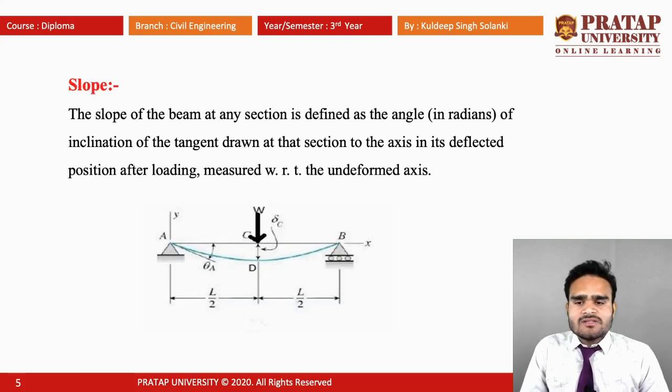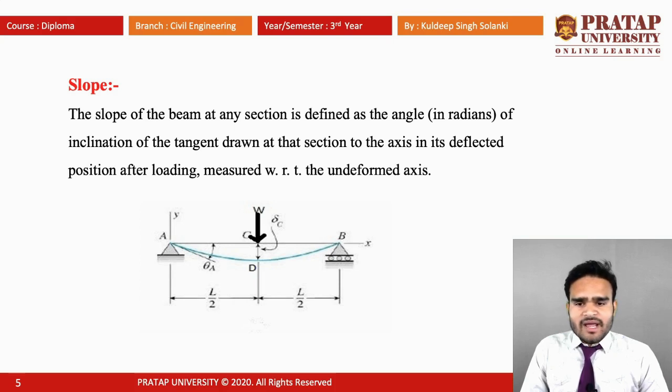And next is slope. What is the slope? Slope is the angle between the undeformed neutral axis or beam axis and the tangent of the deflected shape. If you are calculating that angle at A, first we draw a tangent at A, and the angle between the tangent and the undeformed axis, also called the neutral axis or axis of the beam, is called slope.